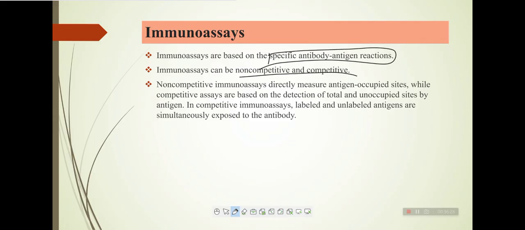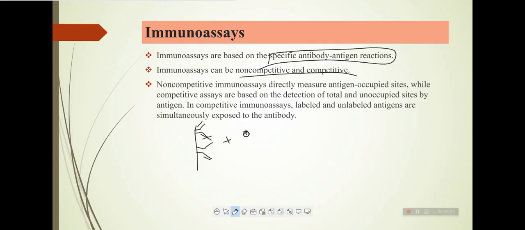In competitive type immunoassay, see here, antibody is attached with this sample, and labeled and unlabeled antigen are fused with it.